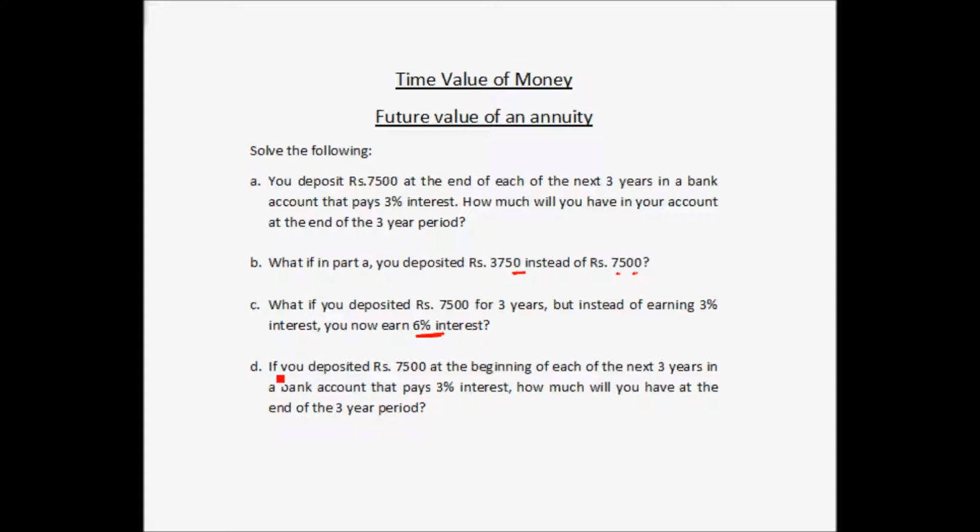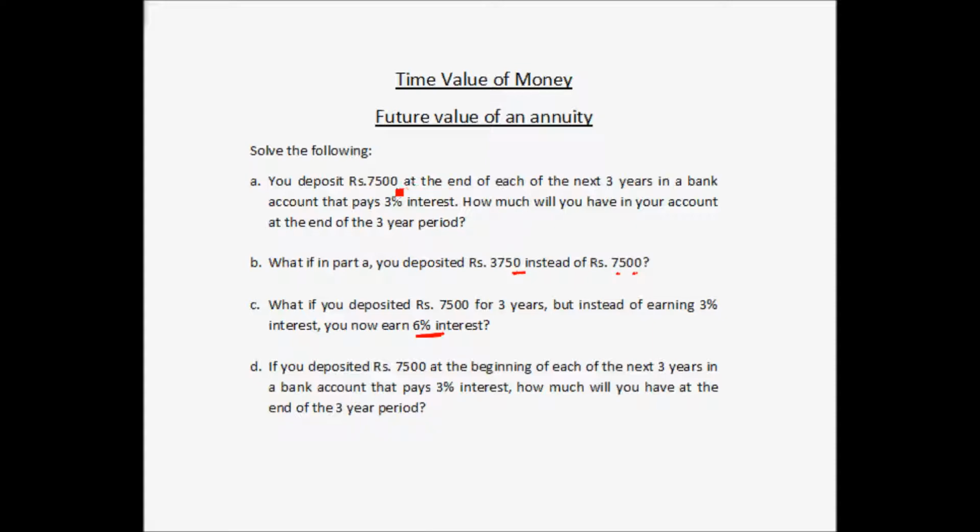And D, if you deposited rupees 7500 at the beginning of each of the next 3 years in a bank account that pays 3% interest, how much will you have at the end of the 3-year period?